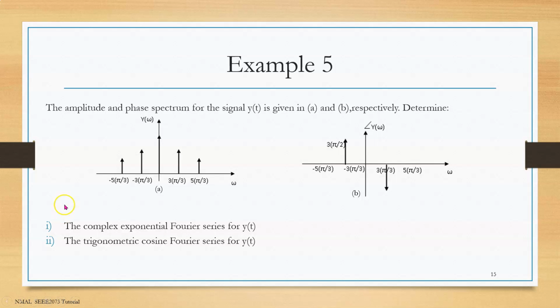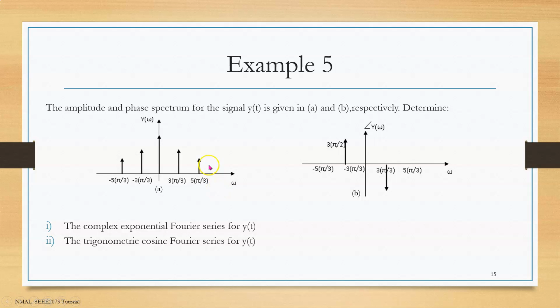Okay, but for this example, the amplitude and phase spectrum for the signal is given in figure A and also figure B. Okay, it means that the question here gives you the spectrum, and you have to match back the spectrum, or you have to write the equation so that you can determine the original form, or you can determine the equation in terms of the complex exponential form or trigonometric series from the spectrum.